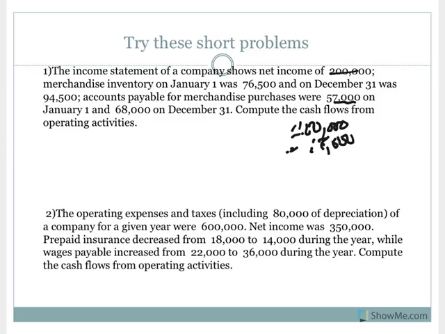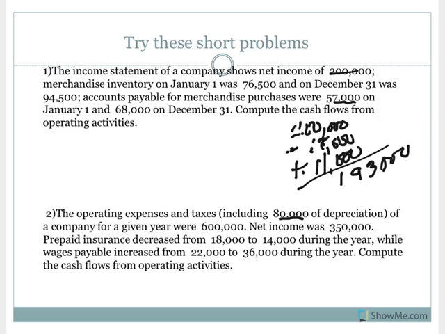So that means we actually have a source of cash, and that would be $11,000. So when we add that all up, the cash from operations would be $193,000.